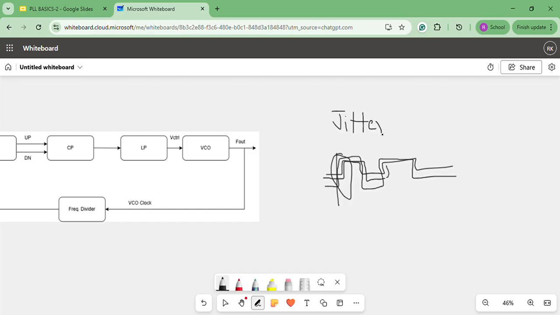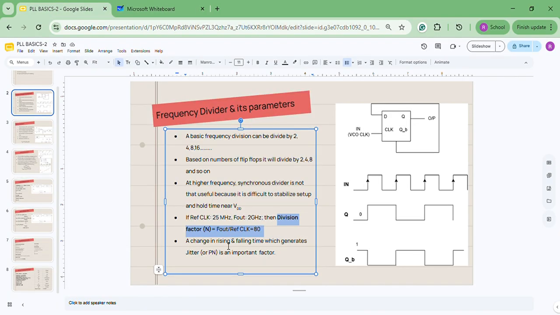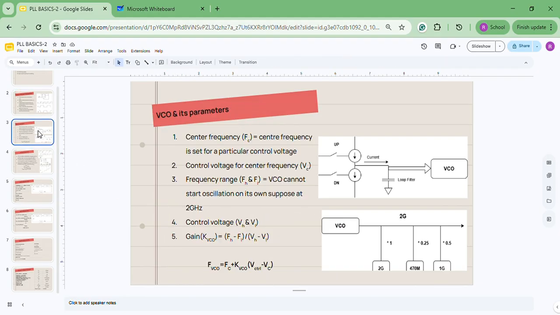We'll discuss this more in upcoming lectures. Jitter is in the time domain. In the frequency domain, we call it phase noise, which is PN. So we have discussed the frequency divider. Its design parameter is the division factor, which is f out by the reference clock. Next, we will go to the VCO.